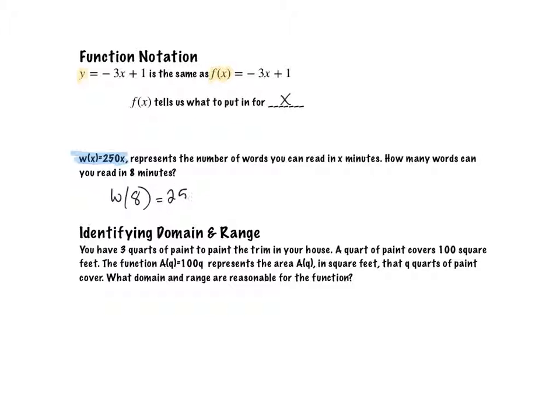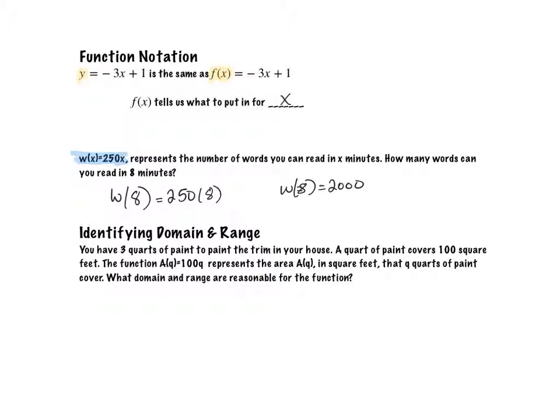So now, instead of having x, I'm going to have 8. So we did 250 times 8, and then I just want to evaluate that. So W of 8 equals 2,000. That would be all you're asking for there.